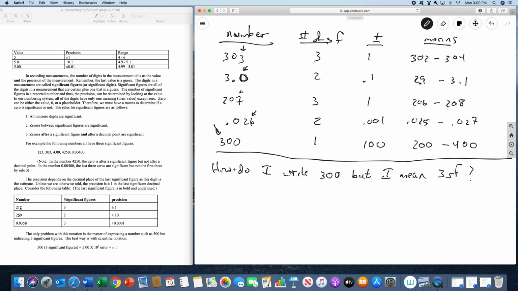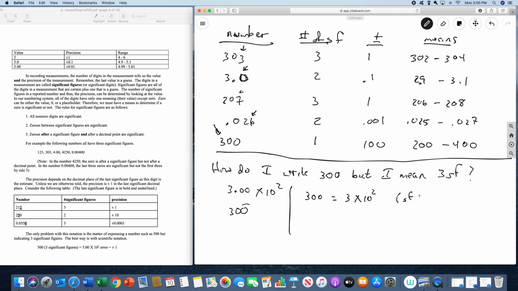And the answer is, best way, scientific notation, 3.00 times 10 to the 2. Now the zeros are after a sig fig and after a decimal point, right? Or you could write it like this with a bar over the 3. That's another way. Just to summarize, 300 written this way in scientific notation is 3 times 10 to the 2.